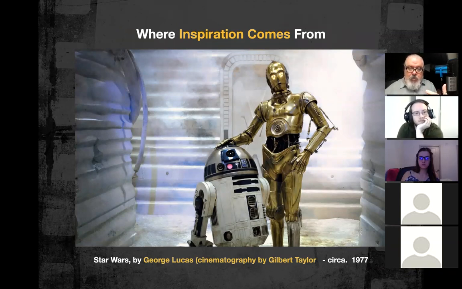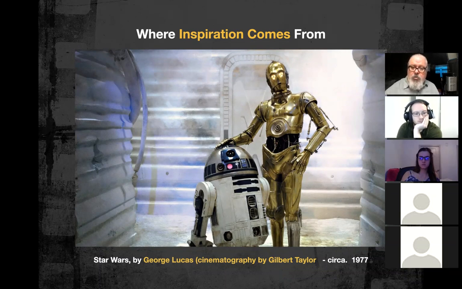This was from The Empire Strikes Back, cinematographer Peter Suschitzky. I have Gilbert Taylor here, but that's wrong. Gilbert was from the first movie. C3PO is wearing a metal suit, and so you really have to pay attention to the kinds of lights that you use and the way those lights are going to reflect back at camera in something like a gold metallic uniform.